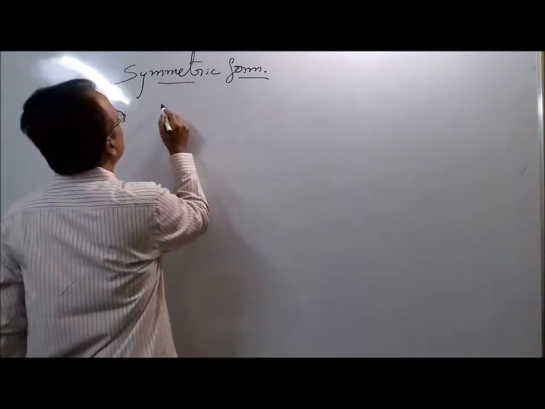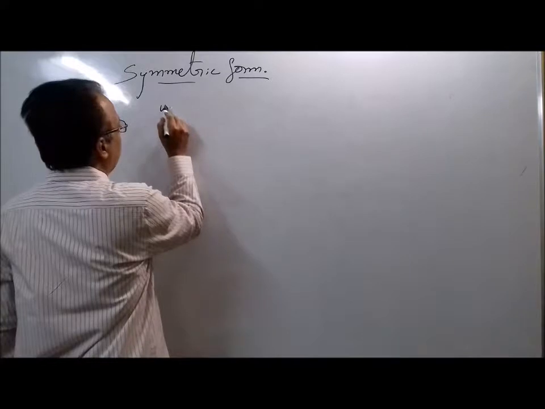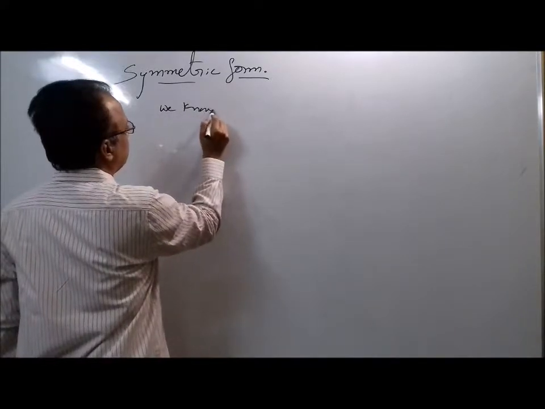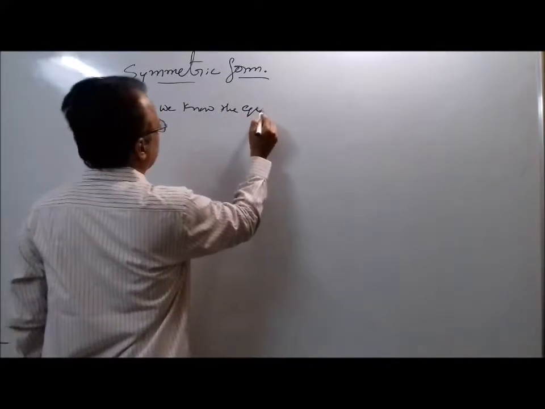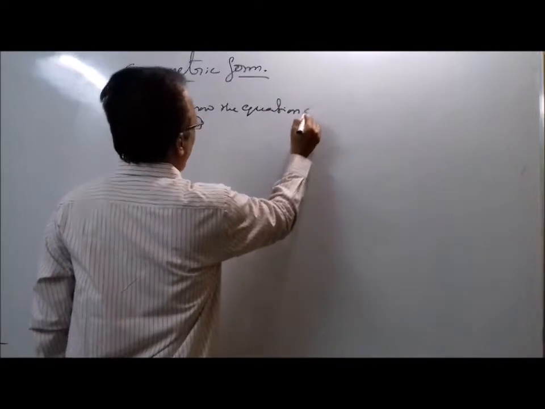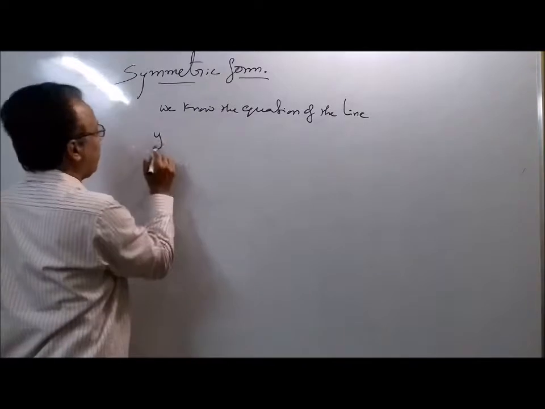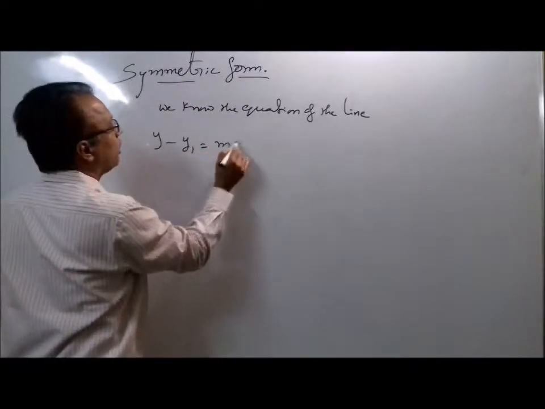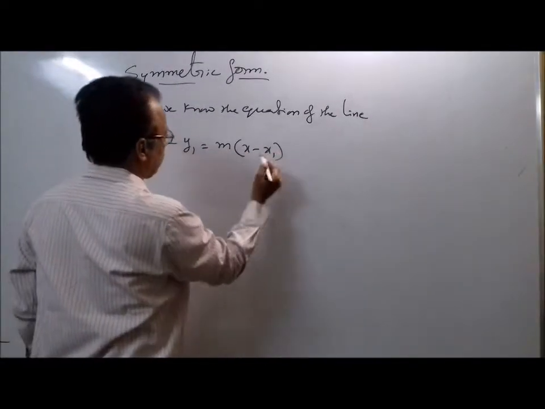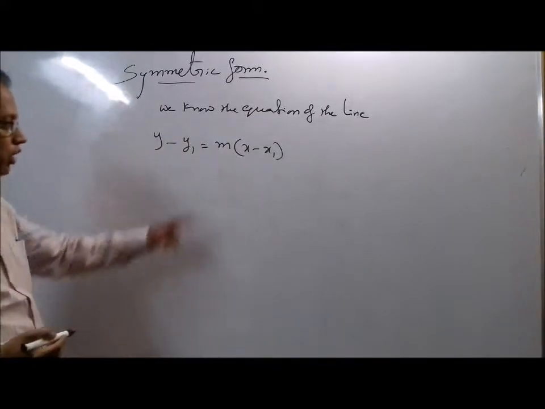Let us see. So we know the equation of the line: y minus y1 is equal to m into x minus x1. So m is what?